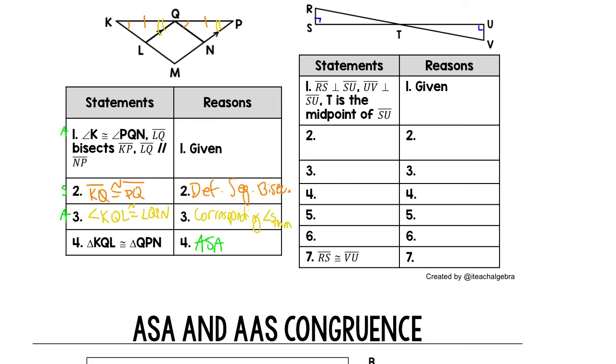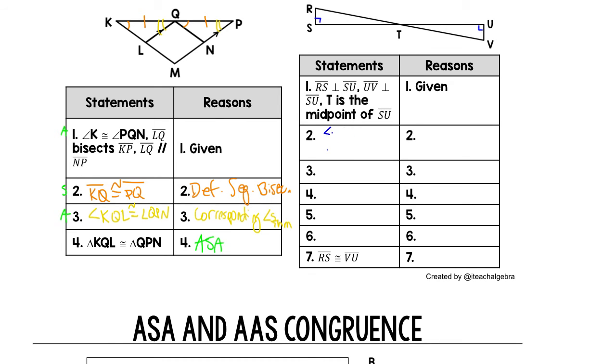Those are all given things. Well, we already know that angle RST is going to be congruent to angle VUT. Oh, no, I'm sorry. We don't know that yet. We have to know one other thing first.